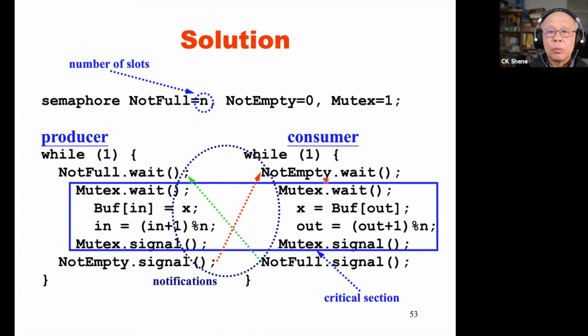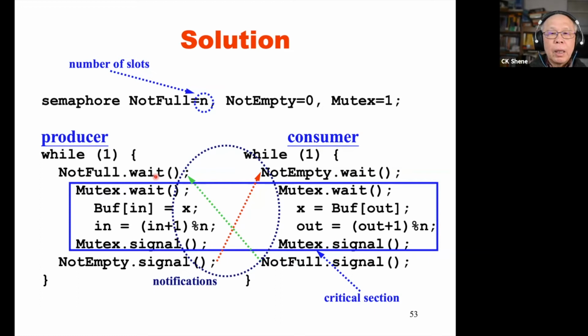And for this consumer, if he is released, he proceeds to lock the buffer, retrieve the information, advance the out pointer, and release the critical section. And finally, because the buffer is no more full, this consumer signals the semaphore not full, indicating now the buffer is not full. One of the waiting producers, if there's any, could continue. So this is very simple. It completely reflects the diagram.